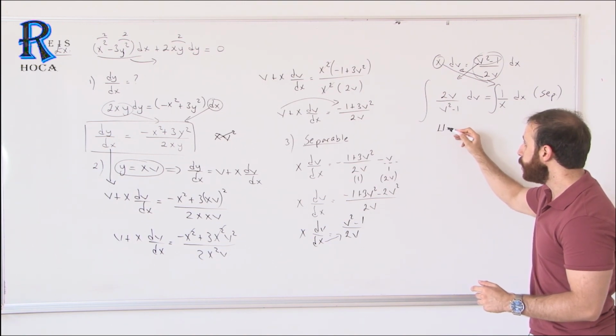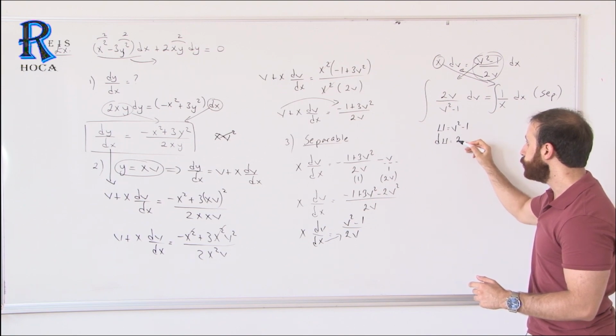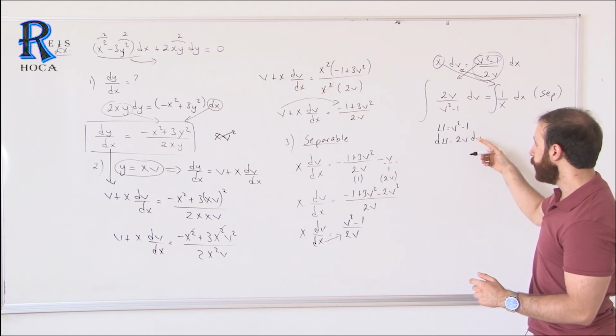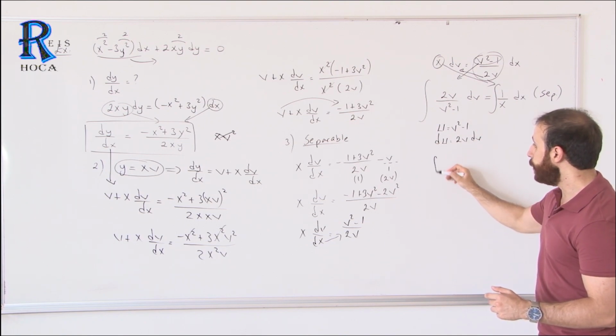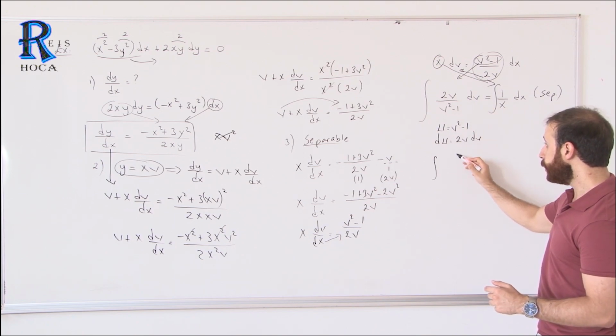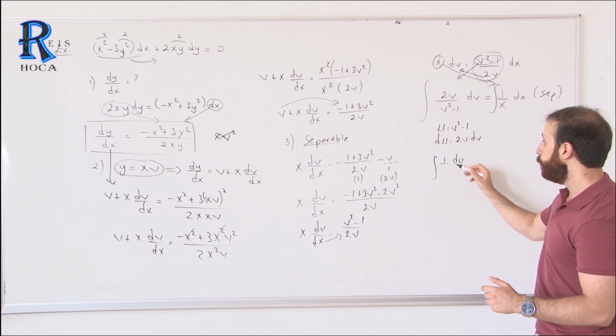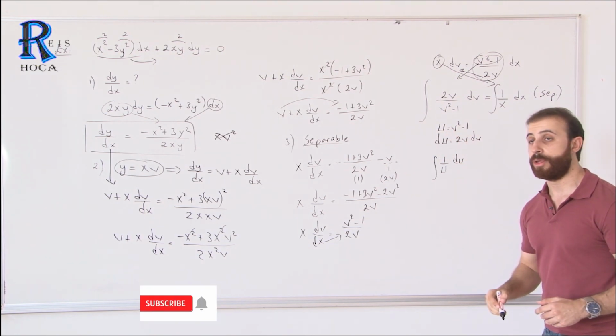So you say u equals v square minus 1 and du, its derivative, is 2v dv, because we are taking the derivative with respect to v. So 2v dv will be du. Then 1 over v square minus 1 is 1 over u.